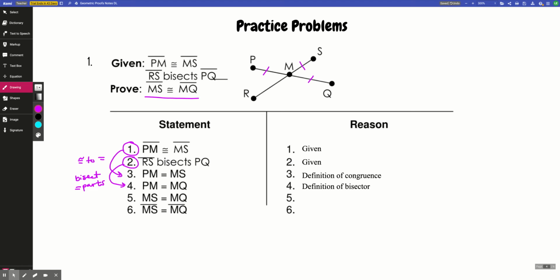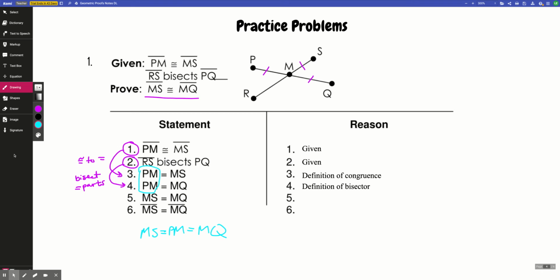Okay, so step 5 says MS is equal to MQ. If you look at steps 3 and 4, you see that MS and MQ are both equal to PM. So we can write this in a chain: MS equals PM, which equals MQ, right?